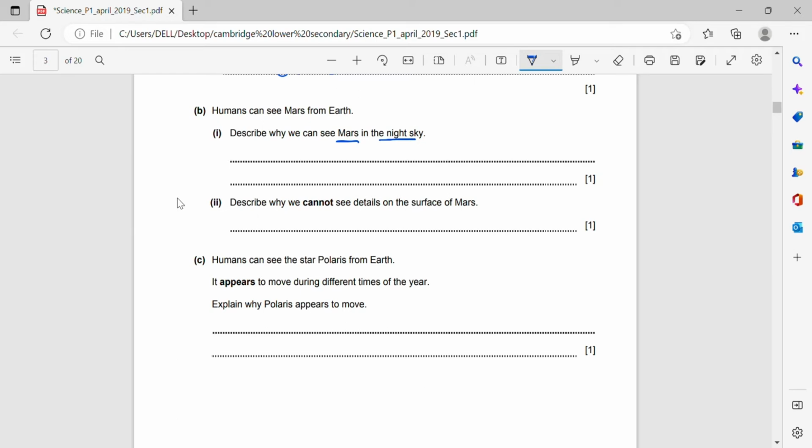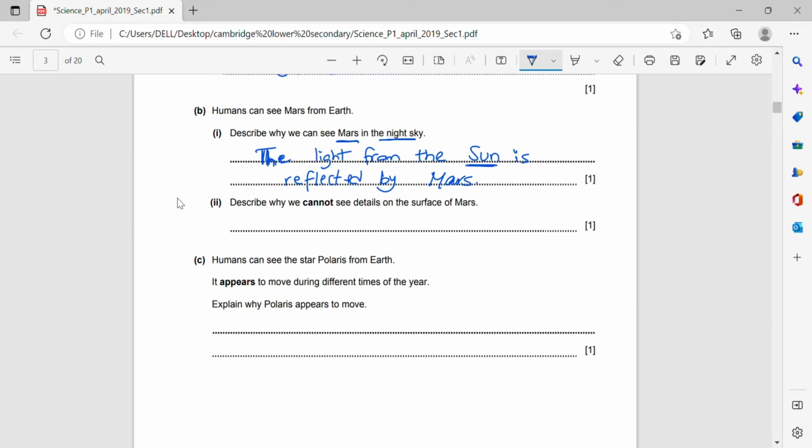That's why we can see Mars. يبقى the answer will be the light from the sun. يبقى the sun هي ال light source عندي is reflected by Mars. That's why we can see Mars.